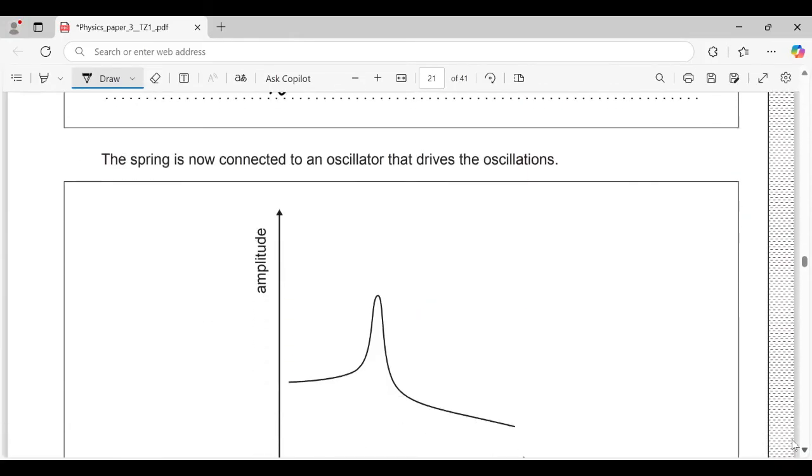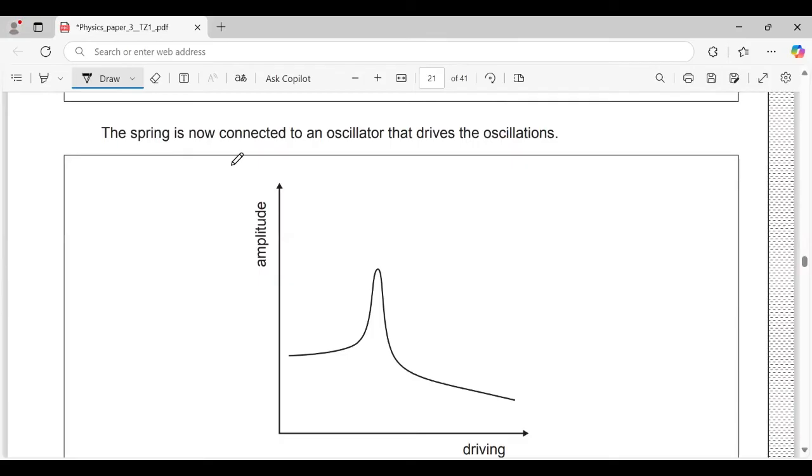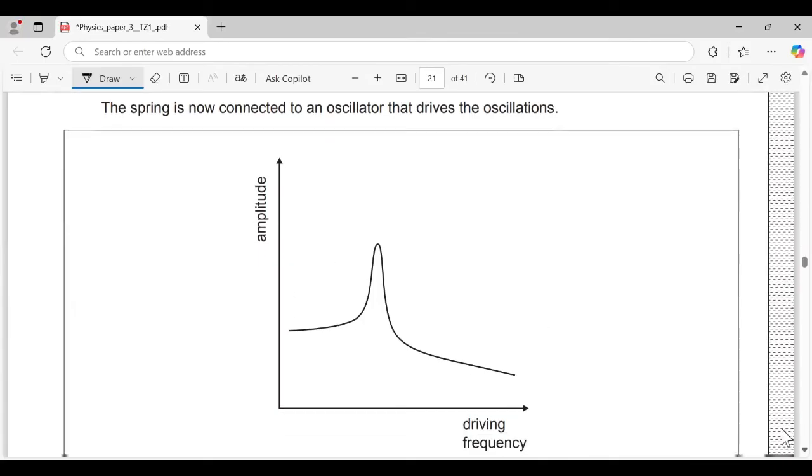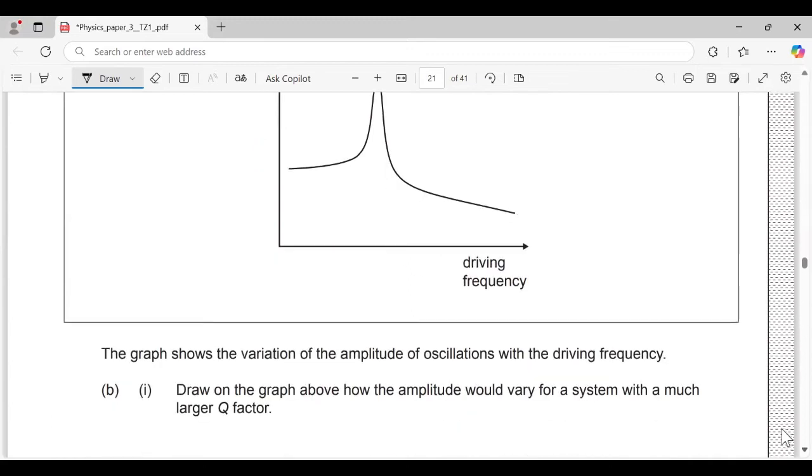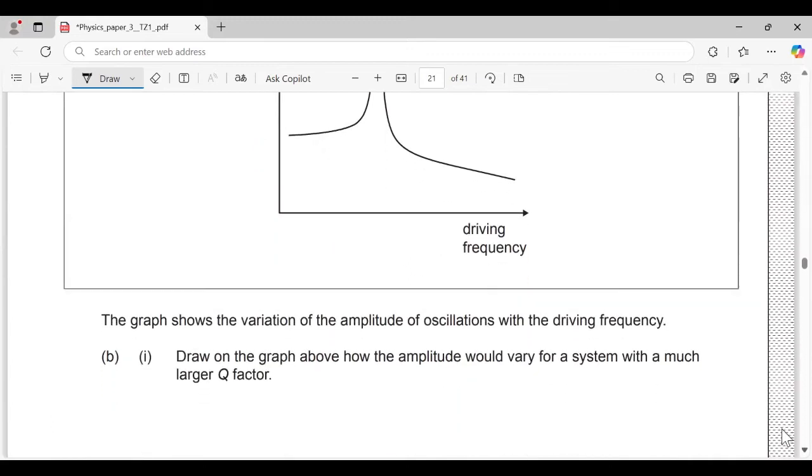Next. The spring is now connected to an oscillator that drives the oscillations. The graph shows the variations of the amplitude of oscillations with the driving frequency. Draw on the graph above how the amplitude would vary for a system with a much larger Q factor.